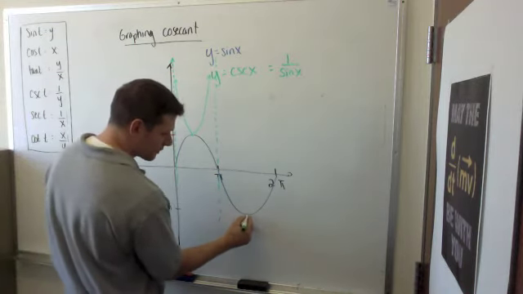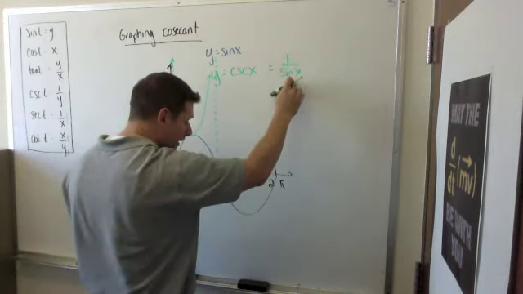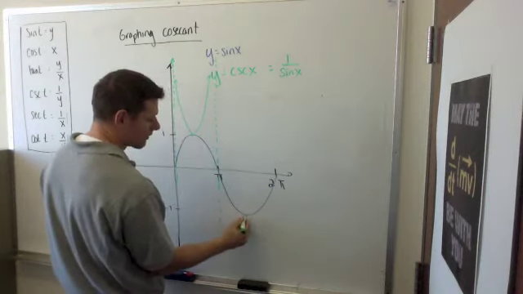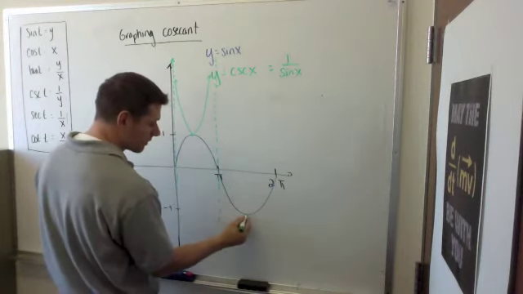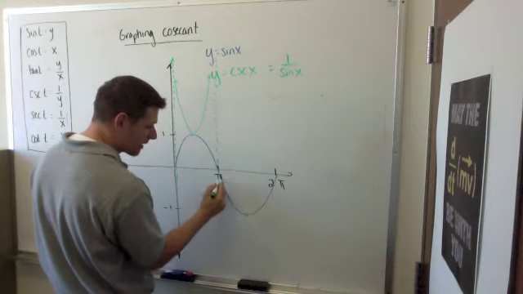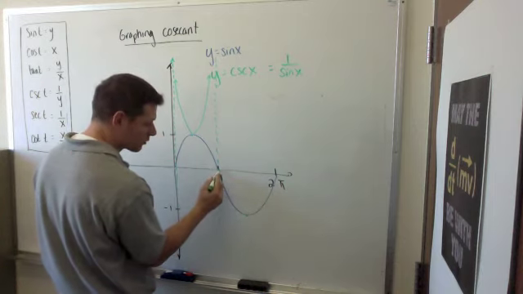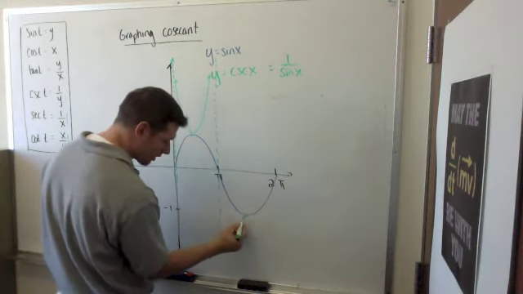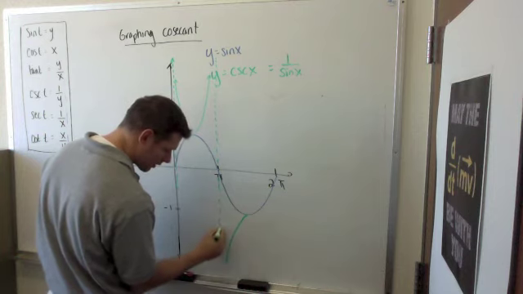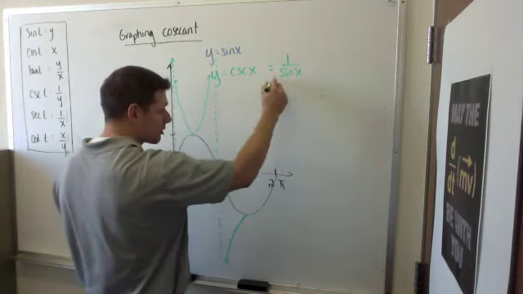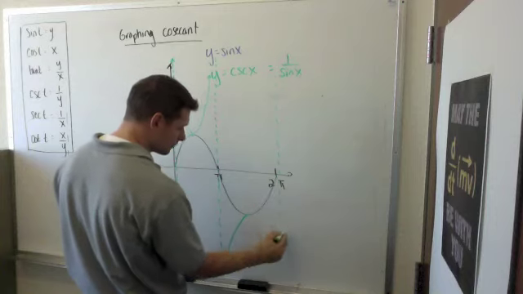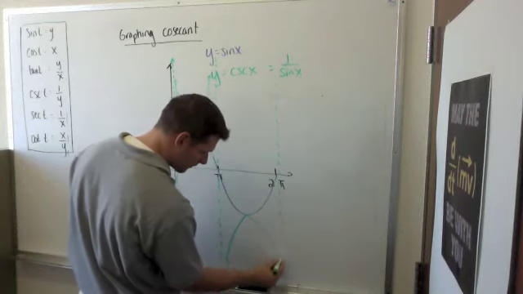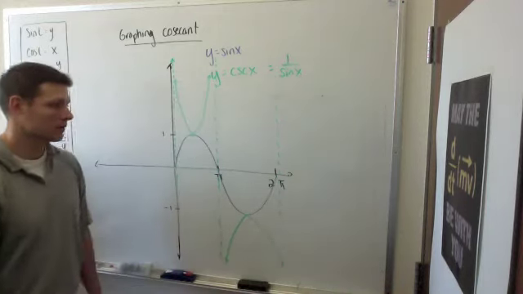What's the output of sine right here? Well, it's -1. What's 1 over -1? Well, it's -1. So what's going to happen here? Well, again, we get close to 0, but it's a negative small fraction. 1 over a negative small fraction is very large in magnitude. So we're going to approach it here. And similarly, we've got another vertical asymptote.